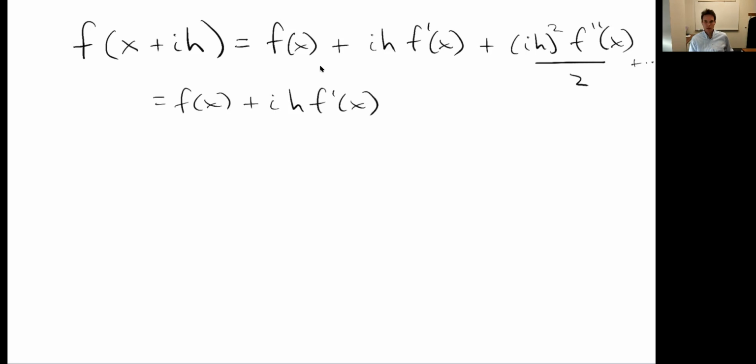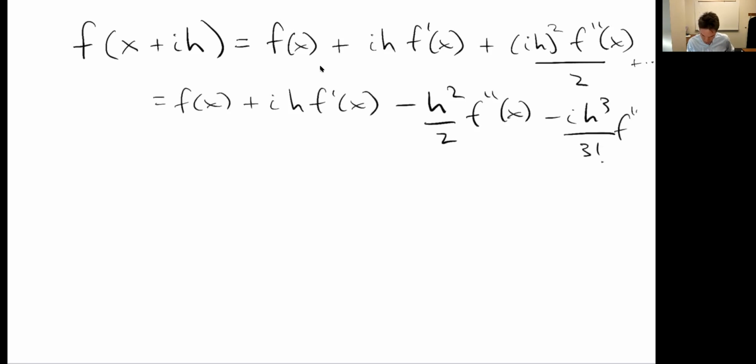Remember what i squared is just -1, so this becomes minus h squared over 2 times f double prime of x. Then if I was to keep going, the next term would give me an i cubed, so two of those would turn into a -1. So I'd still have a negative sign here: minus i h cubed over 3 factorial times f triple prime of x, and so on.